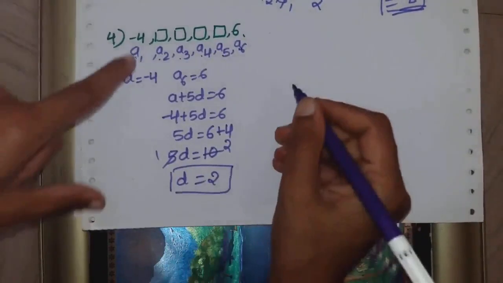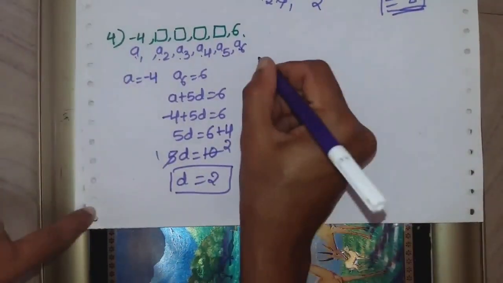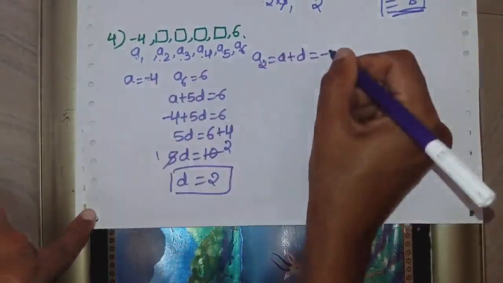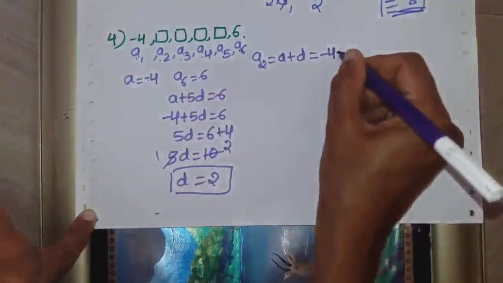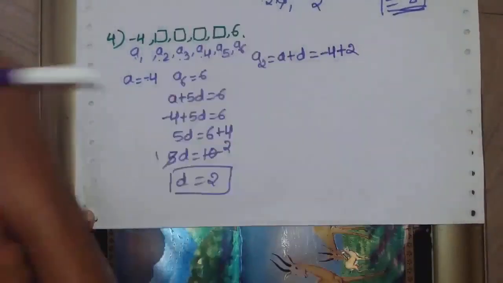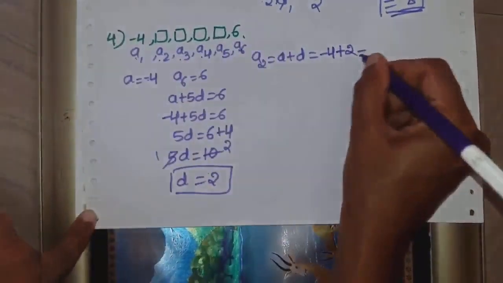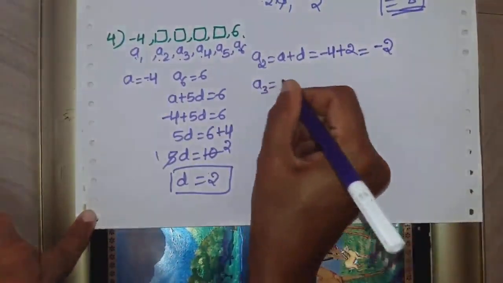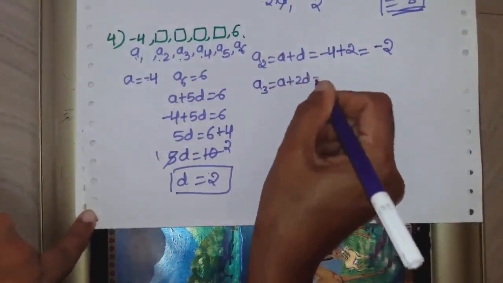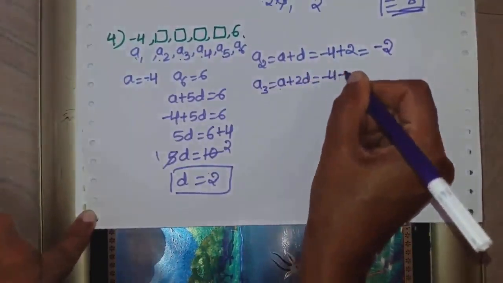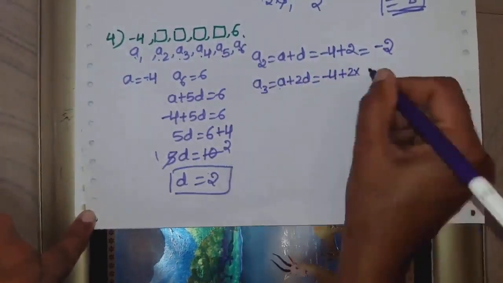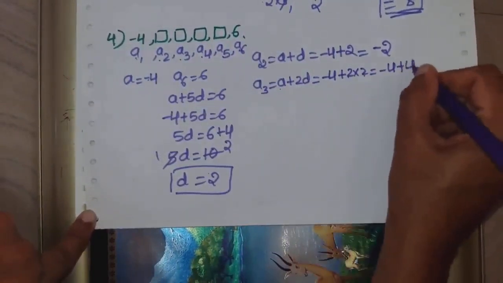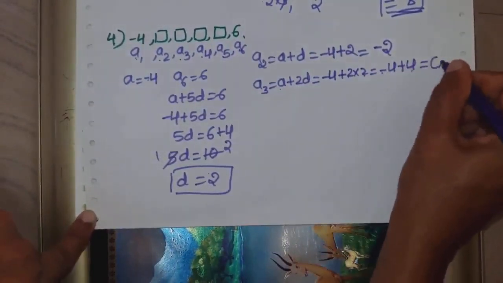So now finding A2. A2 is A plus D. A is minus 4 plus D is 2. Minus 4 plus 2 is minus 2. Next, A3 is A plus 2D. A is minus 4 plus 2 into D is 2, equals minus 4 plus 2 2s are 4, equals minus 4 plus 4, it becomes 0.